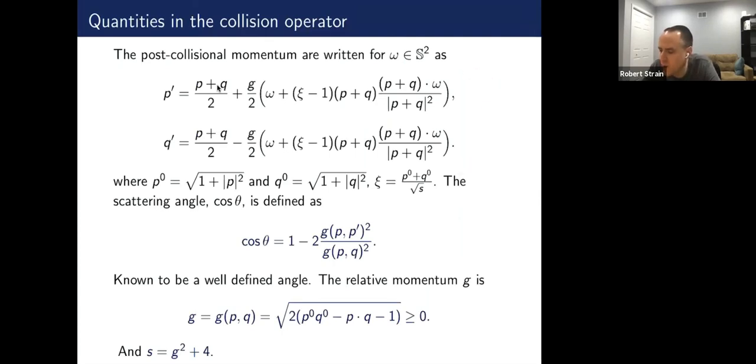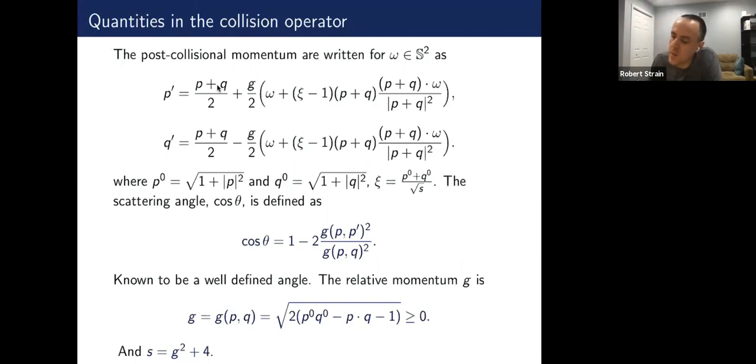And there's more than one angle here, so there's only one omega, but it shows up in two places. It shows up just as omega here, and it shows up as P plus Q dot omega here. And so these quantities cannot be written in terms of one theta.